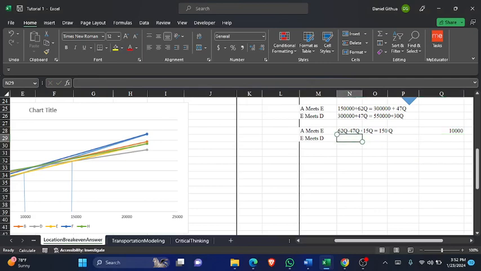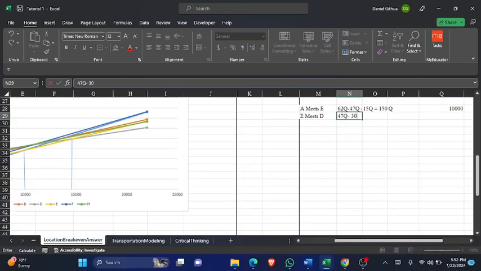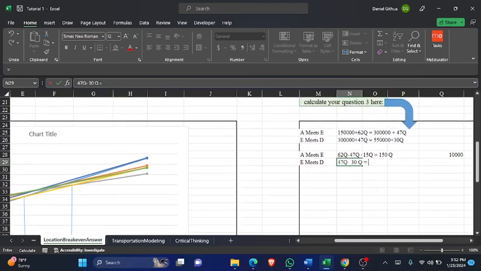Now we find for when E meets D. So it will be 47Q, so big Q, that is quantity, minus 30Q must be equal to 550,000 minus 300,000. So this will be equal to 17Q is equal to 250,000. Sorry, 47Q minus 30Q.